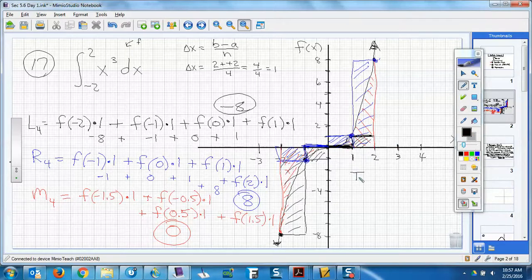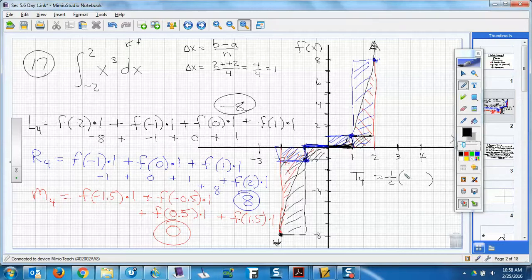Let's do our 4 trapezoids. Okay, now we got to think a little different about this. Because trapezoid, remember the formula? It's 1/2 times the 2 parallel heights, right? Well, what would that be for us here? It'd be F of -2 and F of -1, right? Those would be the 2 parallel sides of our trapezoid.